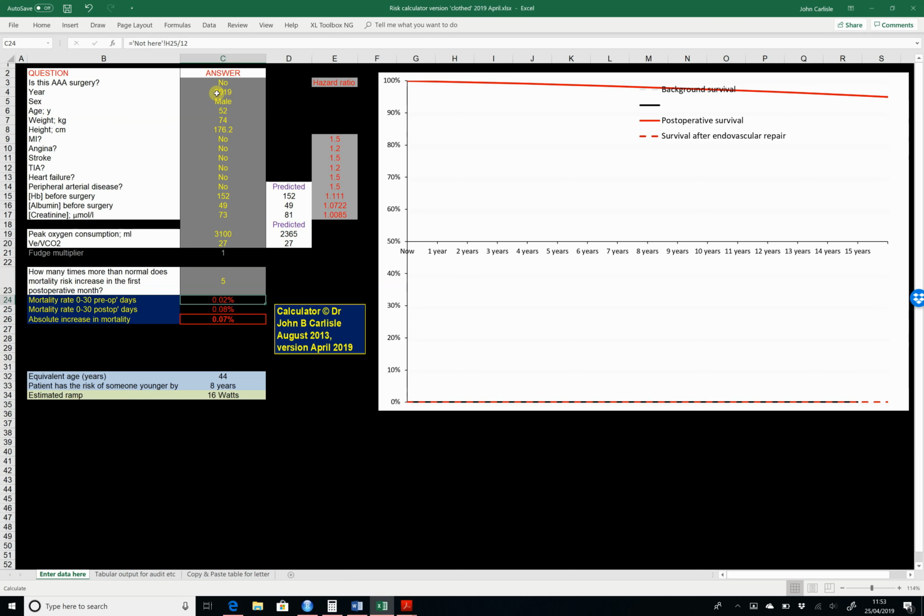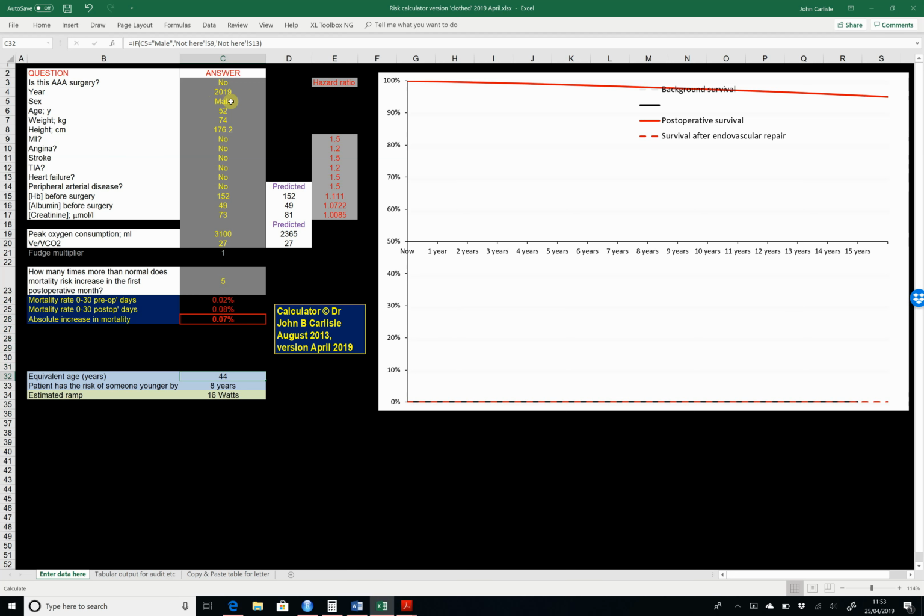Then their background risk of dying per month in percentage, their post-operative risk of dying the first month after surgery, and the difference between the two. You'll see that there may be an apparent discrepancy due to rounding, so 0.08 minus 0.02 is 0.06, and yet the difference is rounded to 0.07. And at the bottom, the equivalent age.